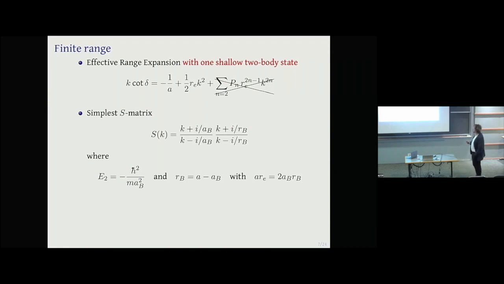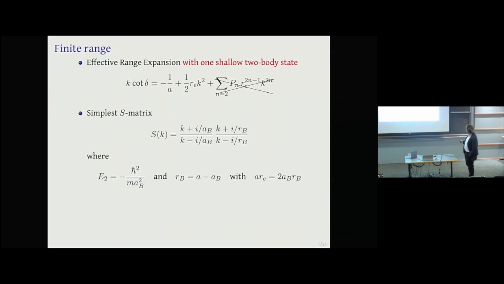And there is another pole, and this pole has been known for 100 years now. It is a spurious pole. It is not a pole which corresponds to a real state. It is there just to fulfill all the mathematical good behavior of the S matrix.